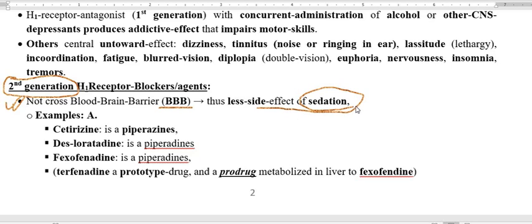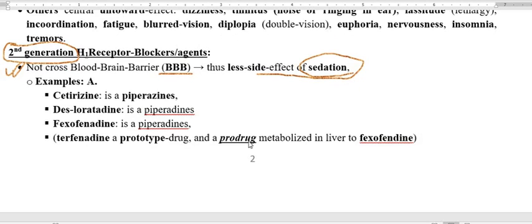You can't feel sedation after taking a drug that belongs to the second generation H1 receptor blockers or antagonists. Under this, we have kept three classes: A, B, C. In class A, the drugs are cetirizine, desloratadine, and fexofenadine.